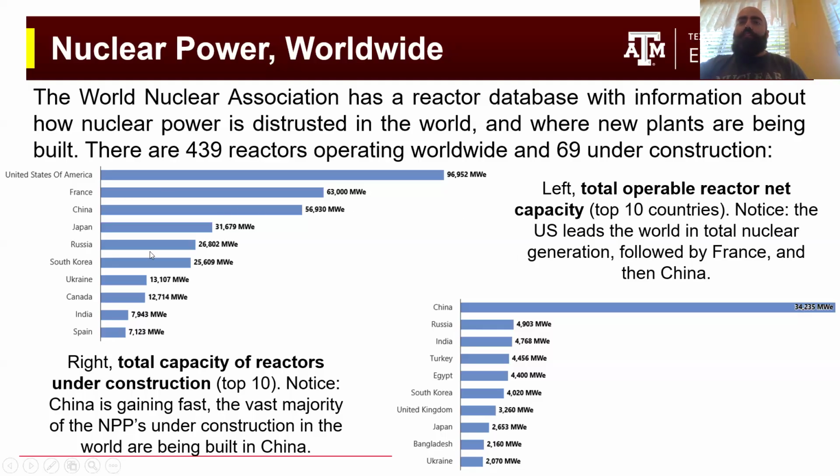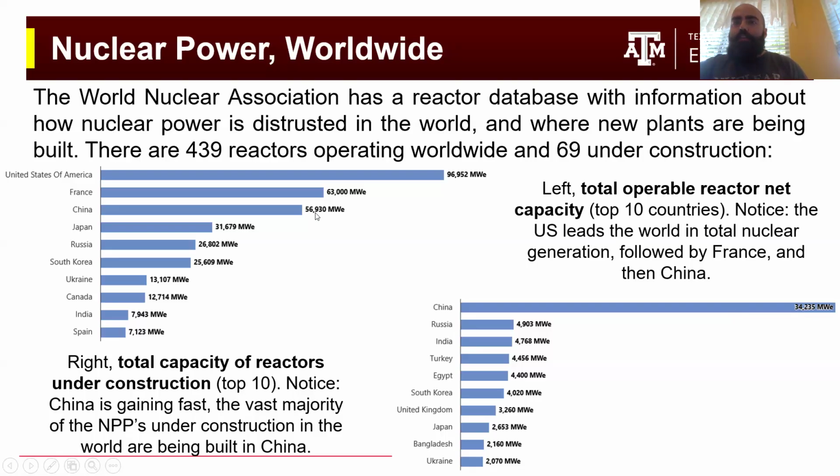The figure on the left is total capacity of operating plants. The figure on the right is capacity of the reactors that are under construction. Notice that China leads basically everyone else by a mile and a half in terms of how many power plants they have under construction. China currently has 34,000 megawatts under construction.